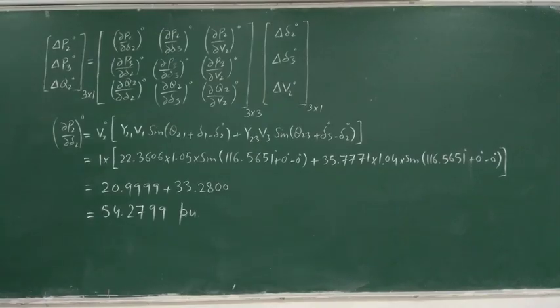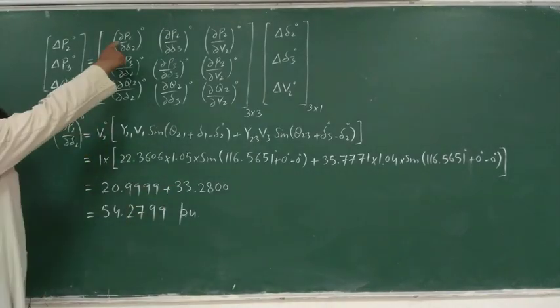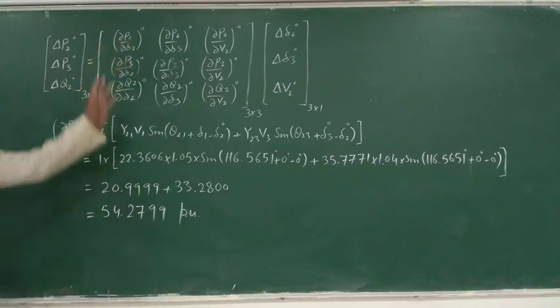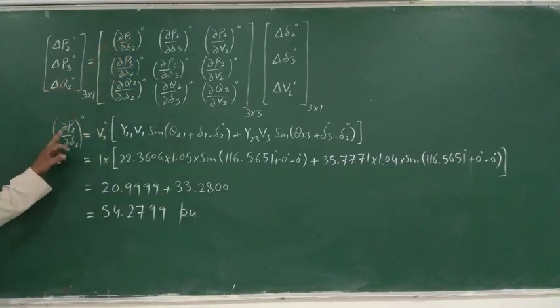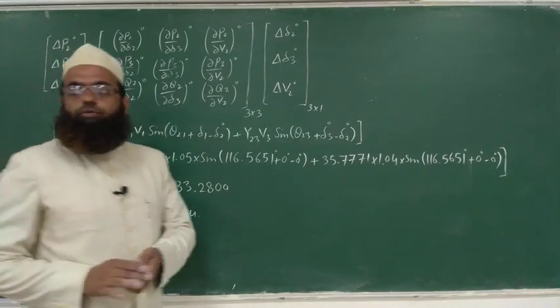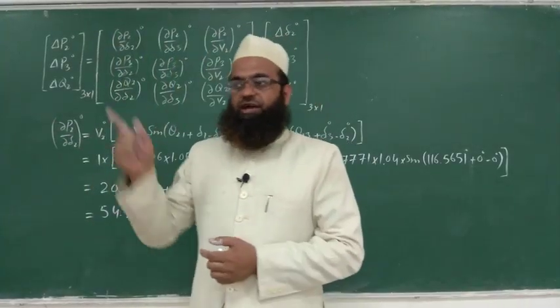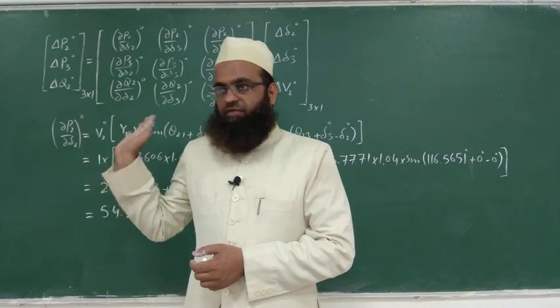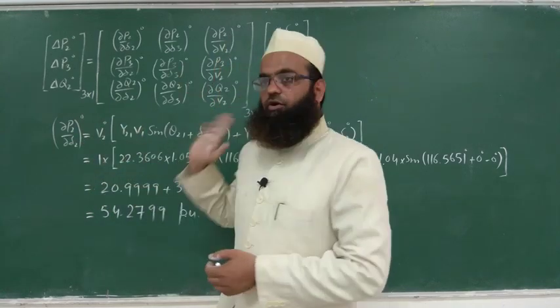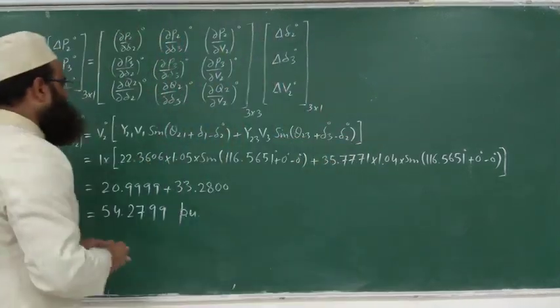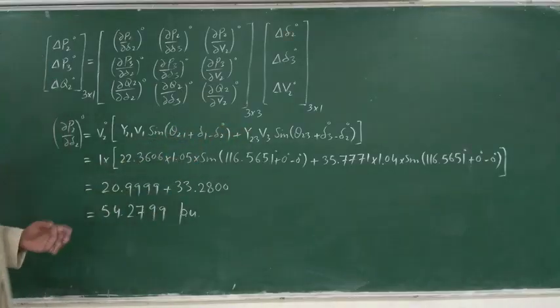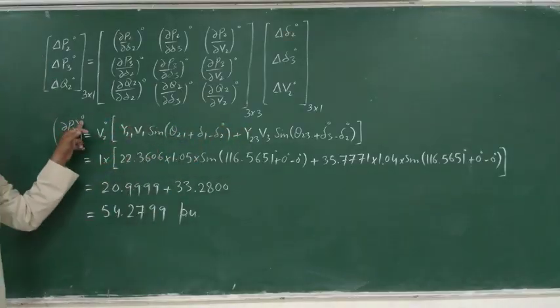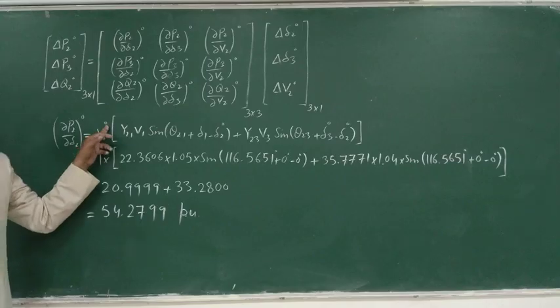So in order to evaluate the value corresponding to del P2 upon del delta 2, 0, you know the expression for P2 and you are going to differentiate with respect to delta 2. So out of 3 terms, 1 term will vanish as there will be delta 2 minus delta 2, so no delta 2 variable will be there. So out of 3 terms you will get 2 terms. So differentiate, you will get like this. So after substituting the values, here you have taken 0, that's why take the 0 value of this variable.